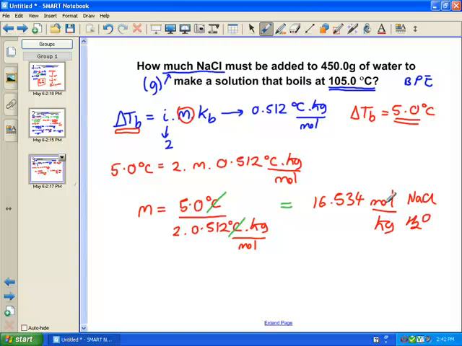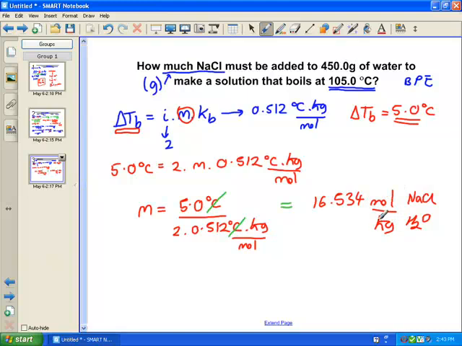Okay, so at this point we have a number of moles of NaCl per kilogram of water, but we still have to find a way to get to just grams of NaCl. I know we can go from moles to grams, but what do I do about this kilograms? Well, we haven't used this 450 grams anywhere yet. What we have to remember is we have 16.534 moles of NaCl in 1 kilogram of water.